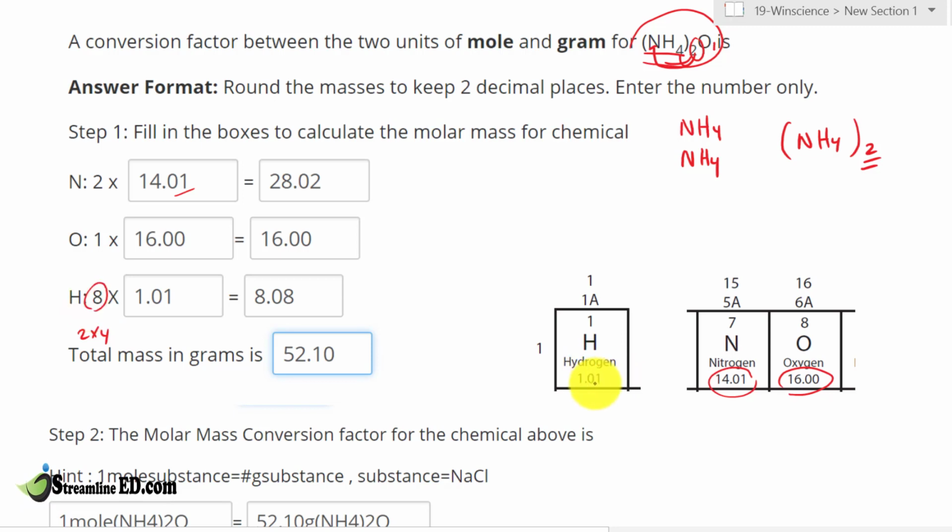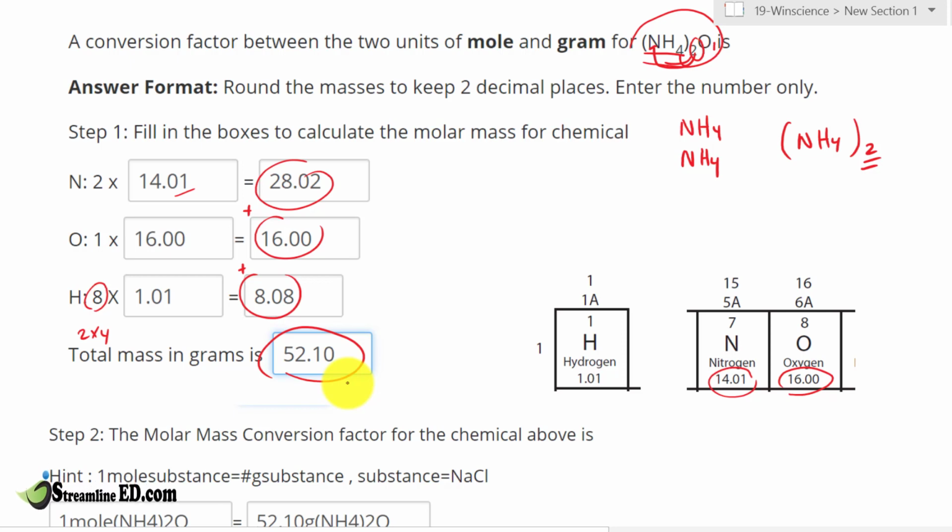And the mass of 1 hydrogen is 1.01. We multiply them, and of course we get these masses right here. To get the total mass of the entire compound, we add them all together and give us our total mass of 52.10. And again, keep 2 decimal places because our periodic table has 2 decimal places.